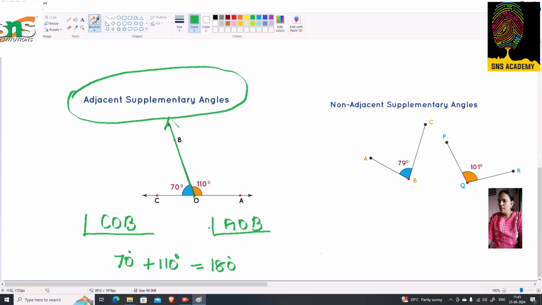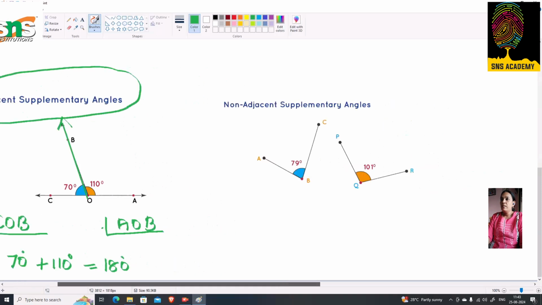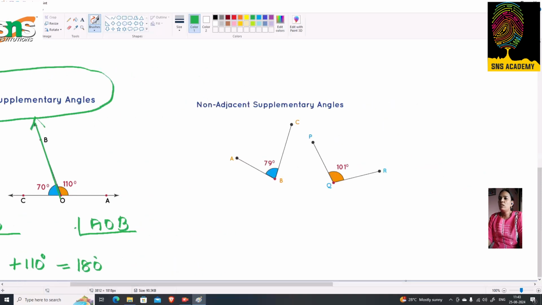On the next slide, I have taken two more angles. There is no common arm between these two angles. What are the angles available? Angle ABC and angle PQR. These are the two angles available here, but there is no common arm for these two angles. So we add and check, and only then decide whether it is complementary, supplementary, or non-complementary, non-supplementary.